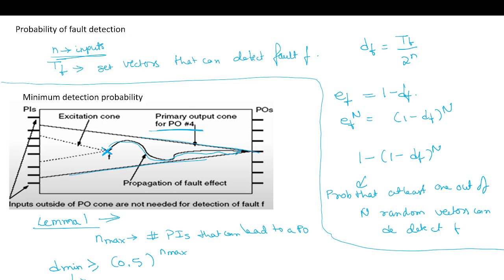So this is the detection probability for the most difficult detectable fault.